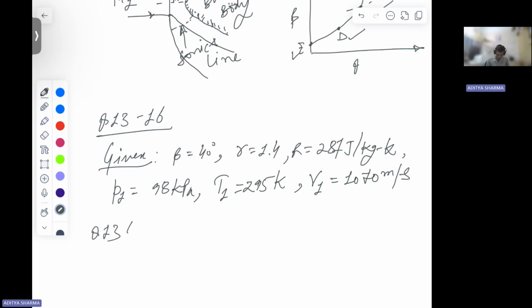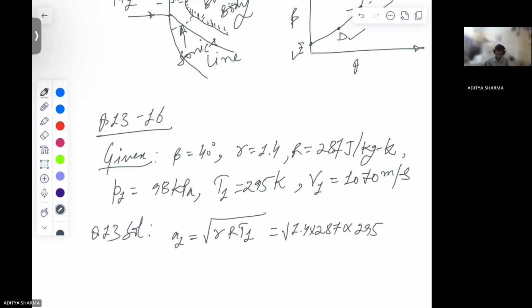Question number 13, solution. A1 we will calculate as the square root of gamma R T1. T1 is 295, so 1.4 into 287 into 295, we'll take the square root. So this will come out to be 344.28 meter per second.